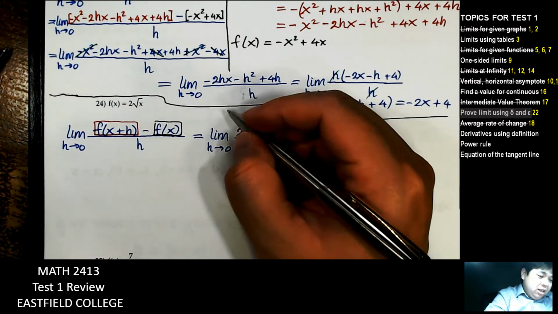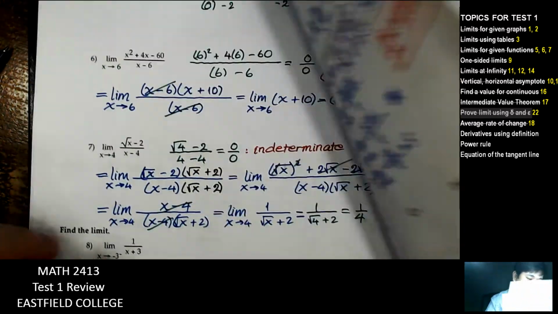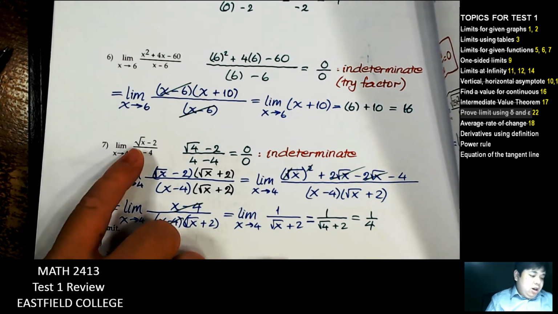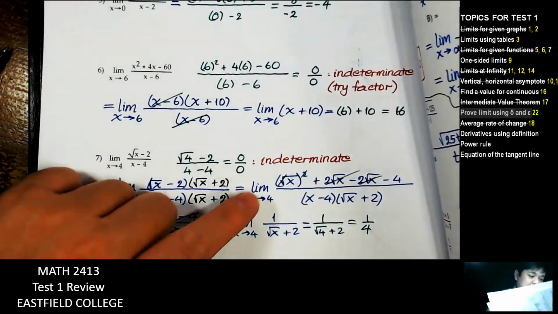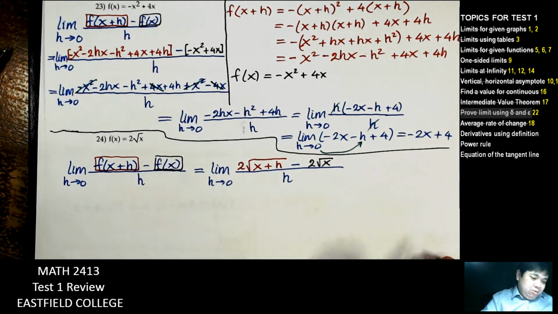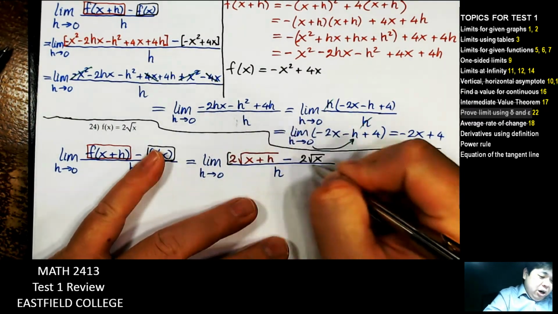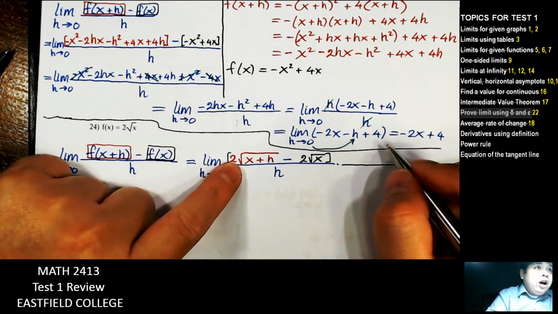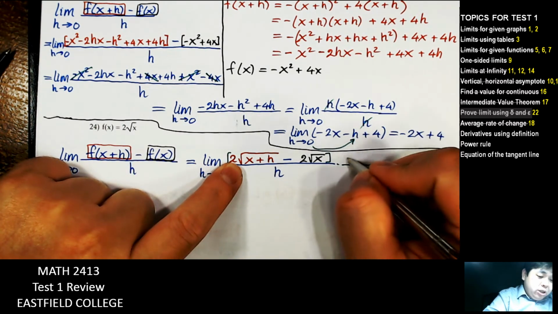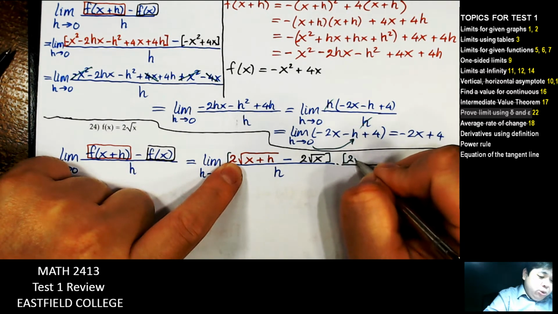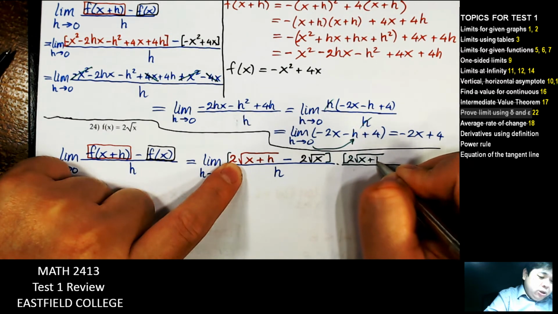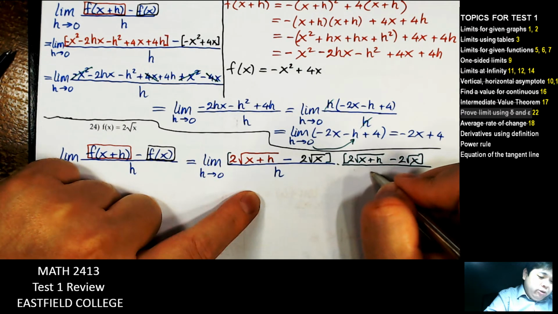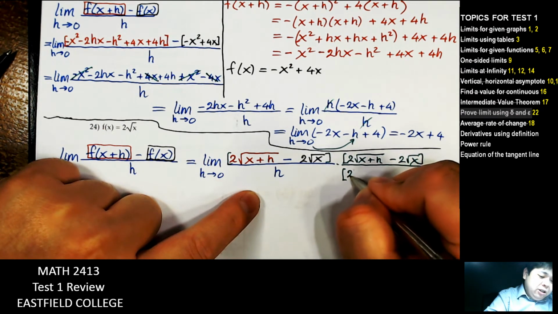If we go back to number 7, when you're trying to find a limit that has a square root in it and is indeterminate, we will multiply by the conjugate of the one with the square root. So we say 2 square root of x plus h minus 2 square root of x over the same thing.